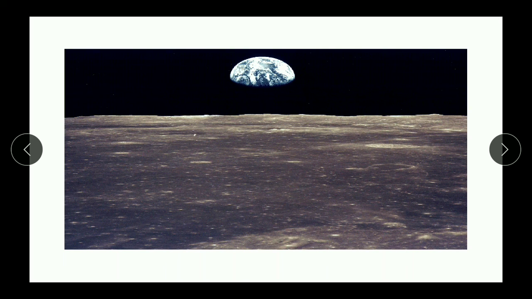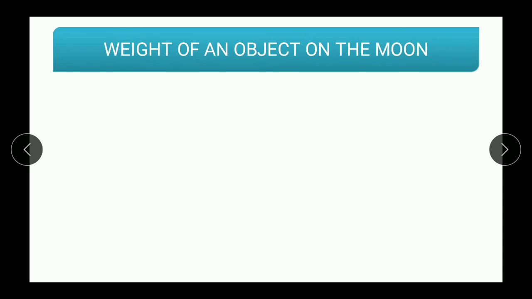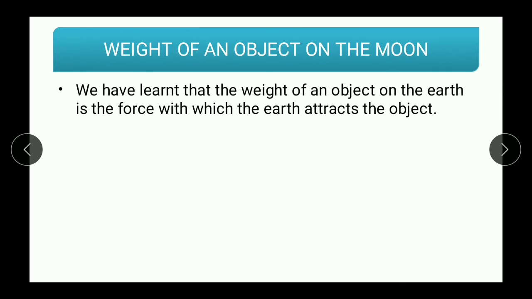Well, why did I show you this is because if I take a weight of an object on moon's surface, it will be different than that of the earth. And this is what we are going to learn in the topic weight of an object on the moon. We have learned that the weight of the object on earth is a force with which earth attracts the object.